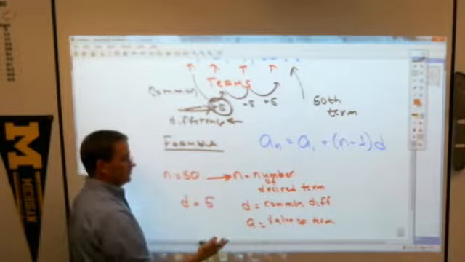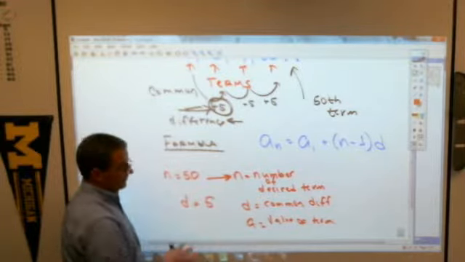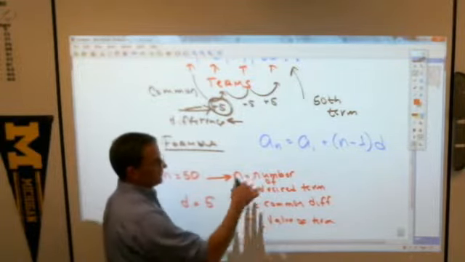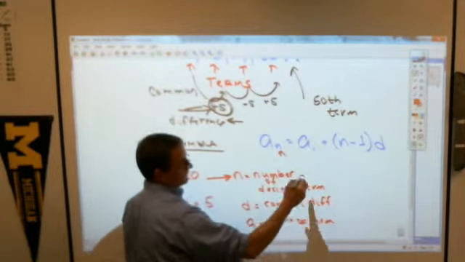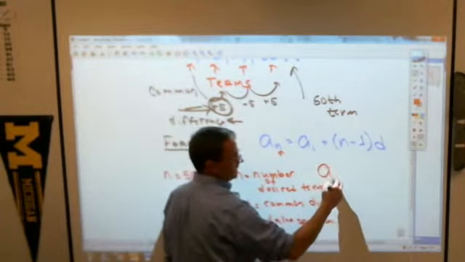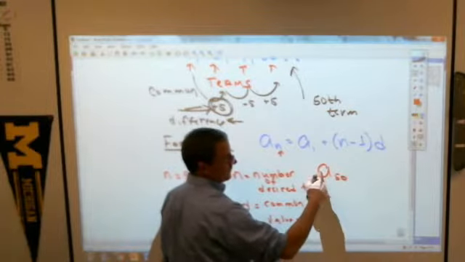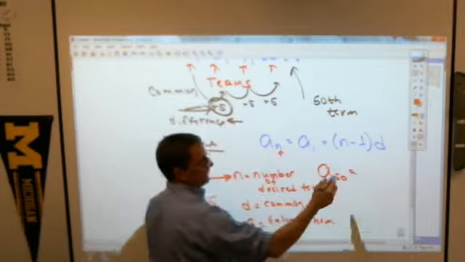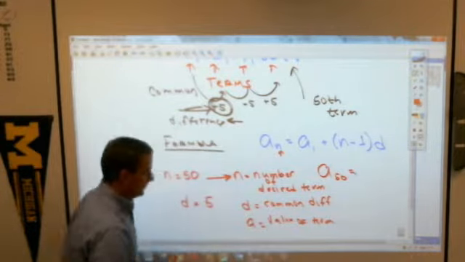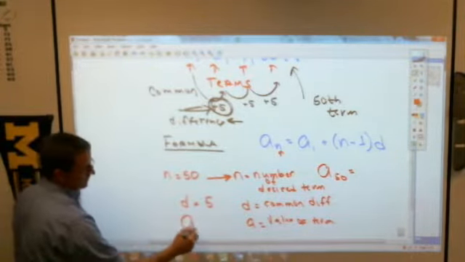And the letter a is just the value. We don't really know what that is yet. That's what we're trying to figure out. So this is how you substitute these in here. For the letter n, you put 50. So a sub 50, which just means the value of the 50th term, would equal the value of the first term, which we already have there.